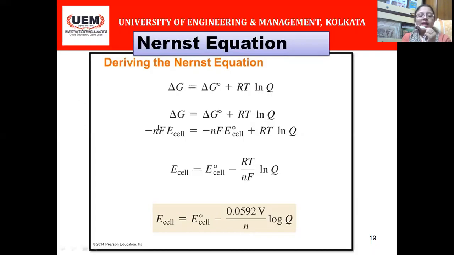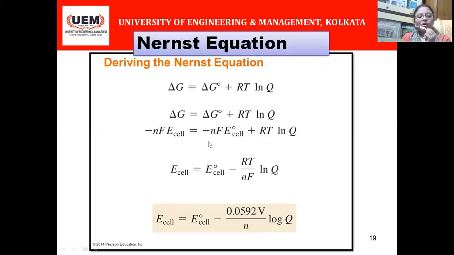What is N? N is the number of electrons that are flowing. F is 1 Faraday, that is 96,500 coulomb, and E cell, I have already told you, is the electrode potential of the cell. So delta G naught similarly is minus NF E naught cell.